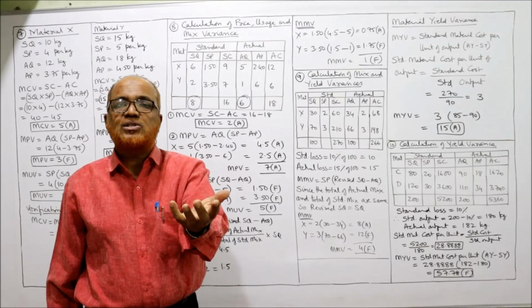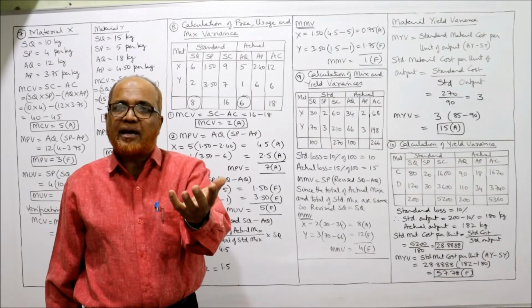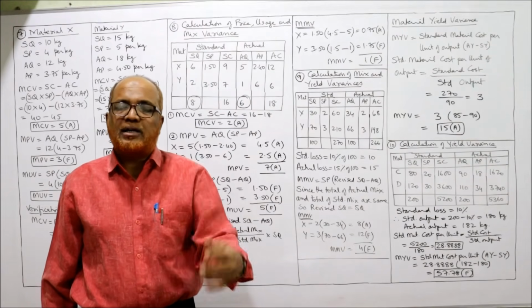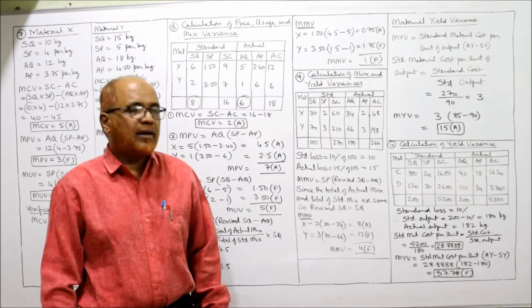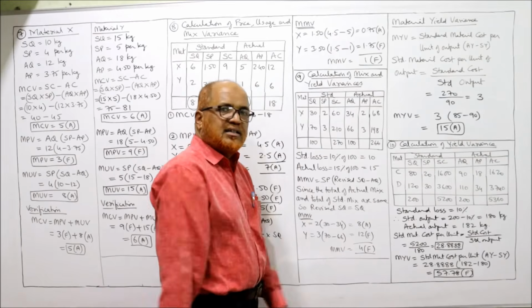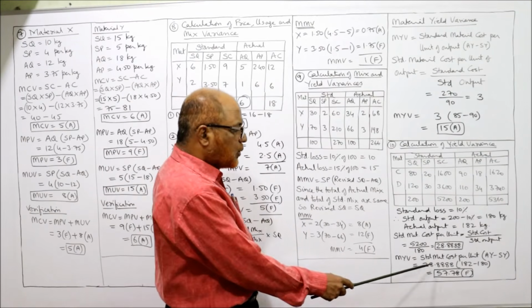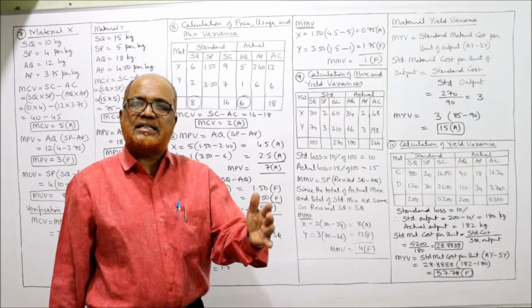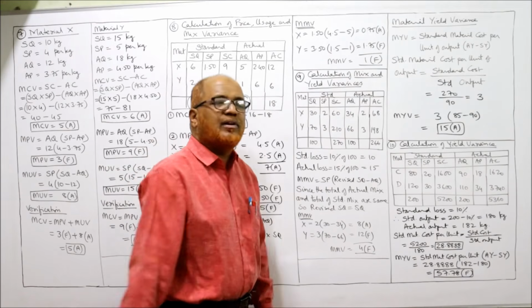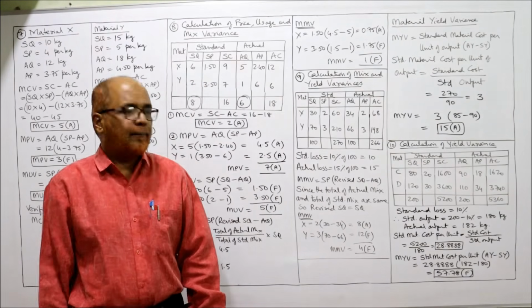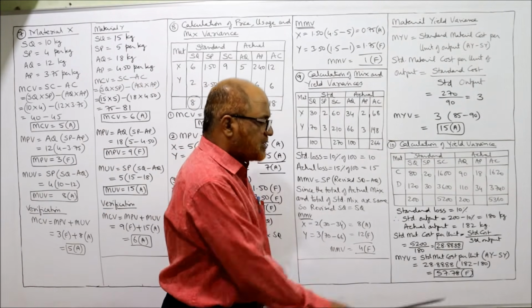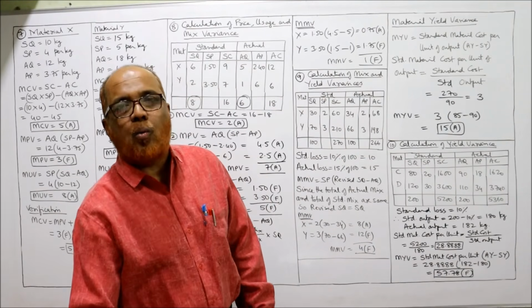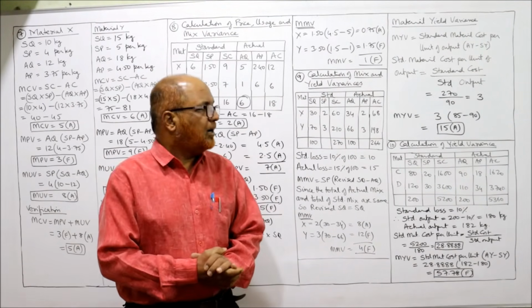So ultimate variance will be favorable. 182 minus 180 is 2. 2 into 28.8888, you will get 57.78 favorable. This is the MYV, material yield variance.